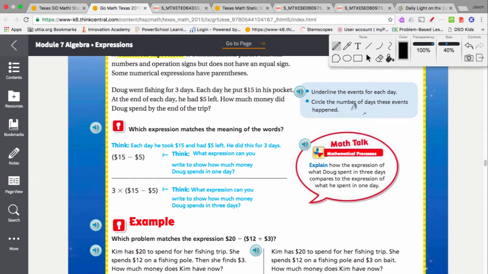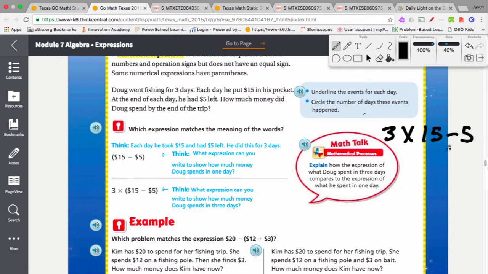I'm just going to show you what would happen if I didn't have parentheses. If I wrote this problem again over here as 3 times 15 minus 5, the way that we solve or simplify expressions without grouping symbols like parentheses, we have to do certain operations first.